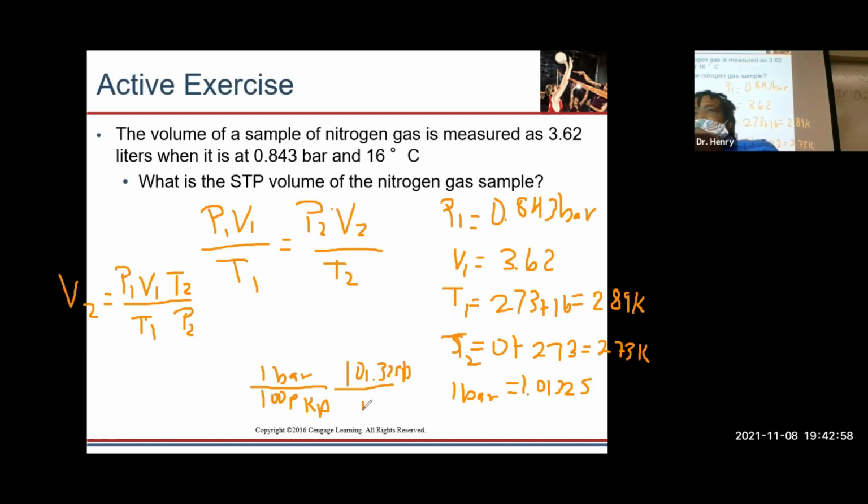They have to be matched up. Even though a bar is almost an atmosphere, you want to match it up. Oh, sorry, this is in bars, isn't it? So no, the equation does work in bars. It was a brain fart. For some reason, I thought that was atmospheres. So 1 bar equals P2. Again, it's a Monday.